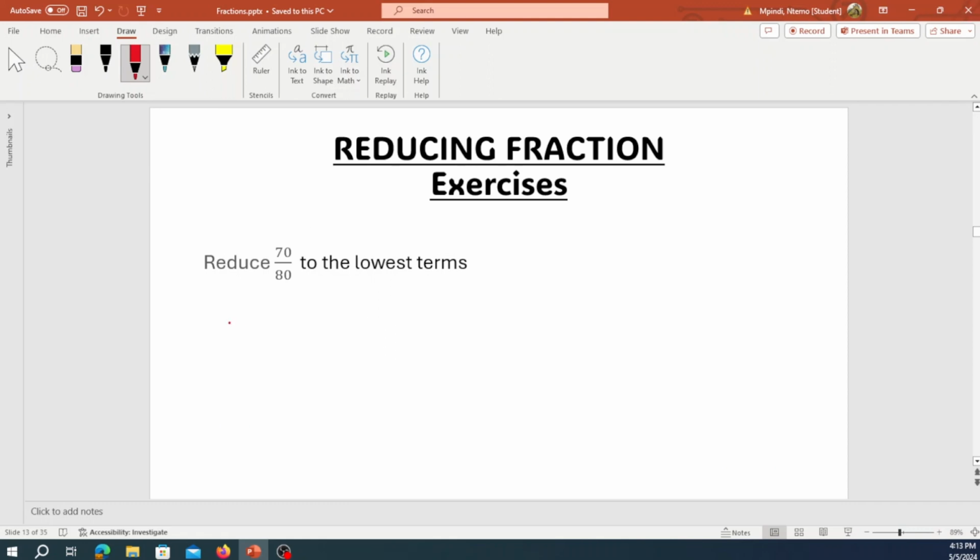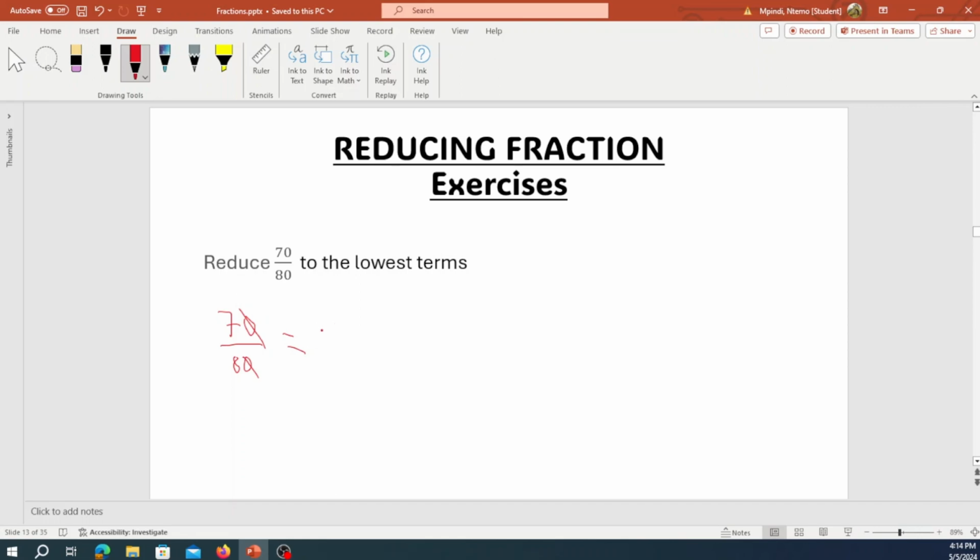We're gonna do 70 and 80. We're gonna find a number that's gonna divide that. In this case here, it's simple. You just cancel this, you cancel this.